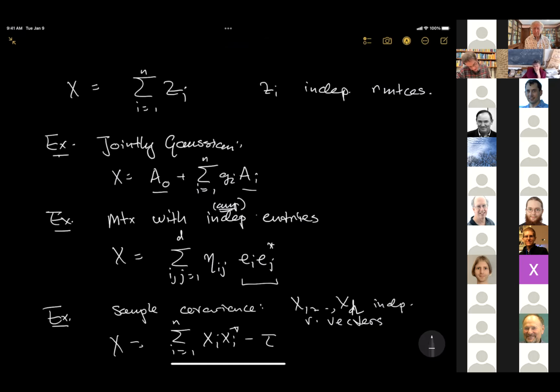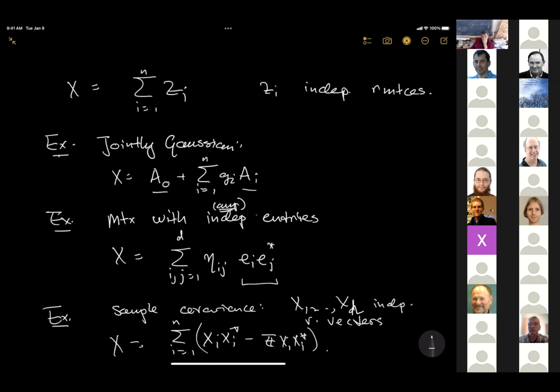Maybe subtract the mean. These are very important, for example, in mathematical statistics. Each of these is a sum of independent random matrices. And if they were, for example, IID, and I were to divide by square root n and let n go to infinity, they would become Gaussian. The central limit theorem would kick in.